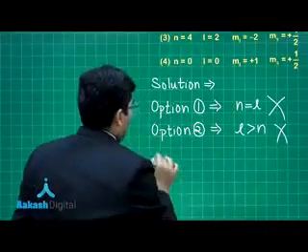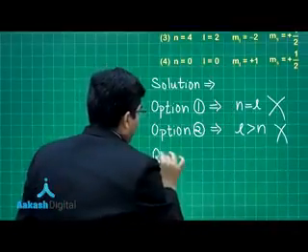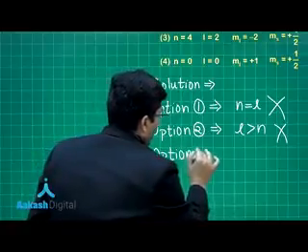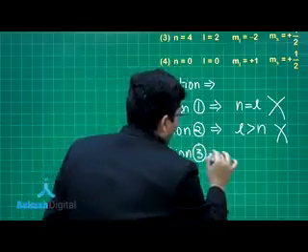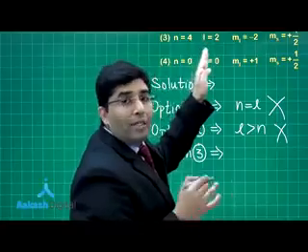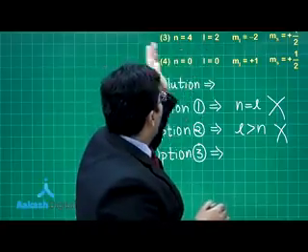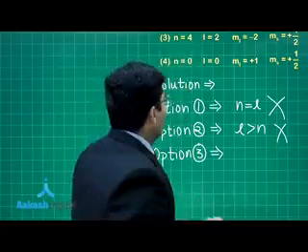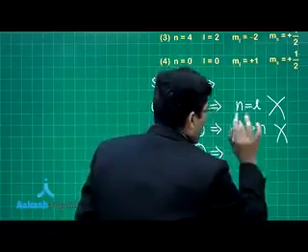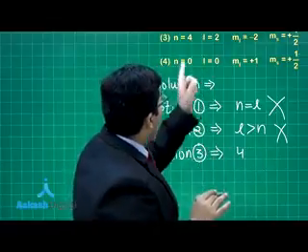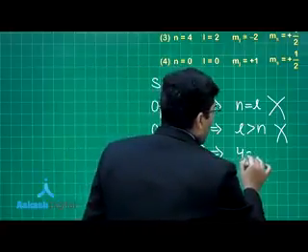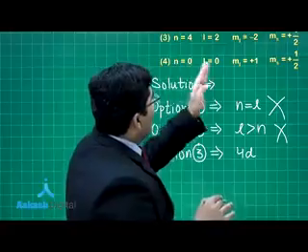Now option number 3. In this case n is equal to 4, L is equal to 2. Yes, it is possible because L is smaller than n, and n equal to 4 means it is talking about the 4th shell. So the shell number is 4. If L is equal to 2, it means the subshell is D. So he is talking about 4D.